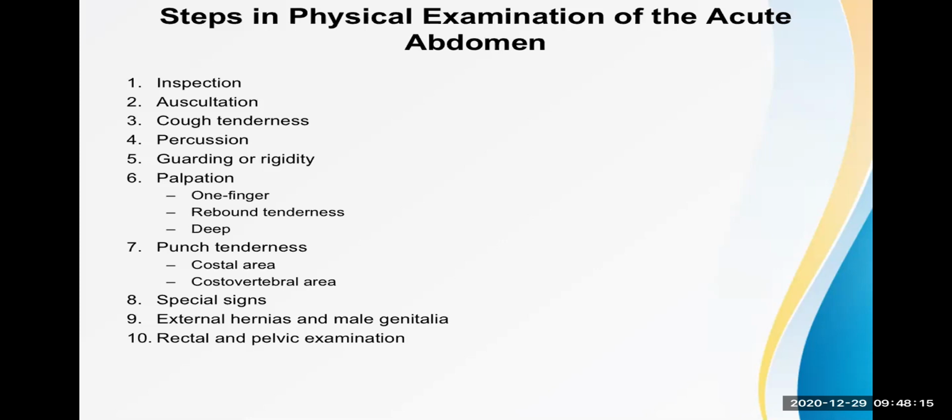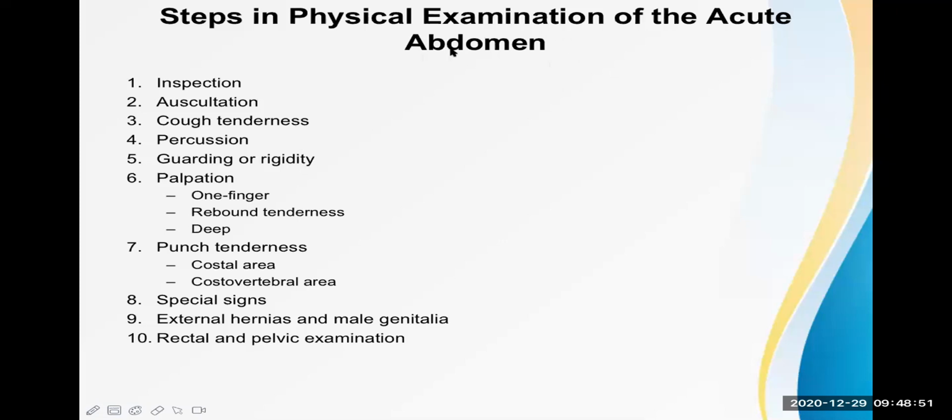We are not too concerned about it, but the point should be there. Many textbooks follow the order of inspection, palpation, percussion, and auscultation, but to make it easier so that no points are missed, it is given like this: inspection, then auscultation, cough tenderness, because sometimes a hernia is there and that hernia may be inflamed or irreducible, so this type of test is done. Percussion is another important test, then guarding and rigidity.